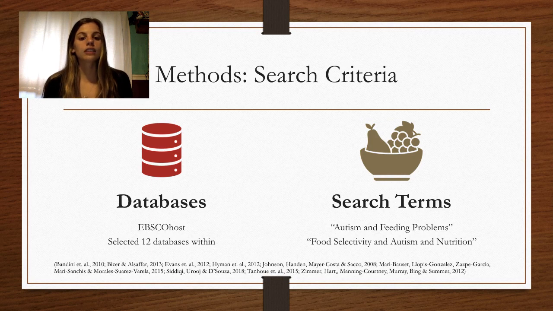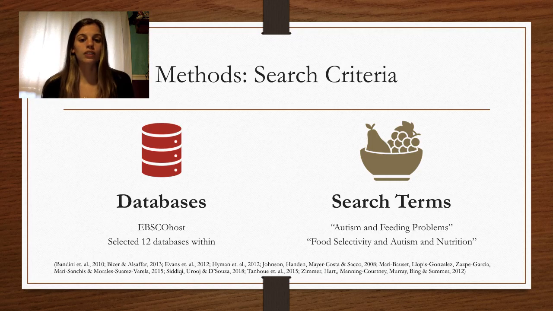I will now discuss the methods I took to locate my research articles. For my research, I focused on using the electronic database EBSCOhost because it was the one most familiar to me since I used this in undergrad.